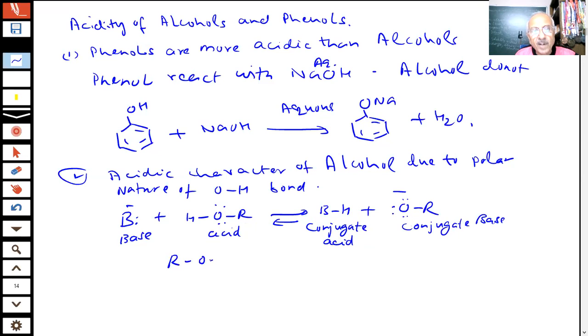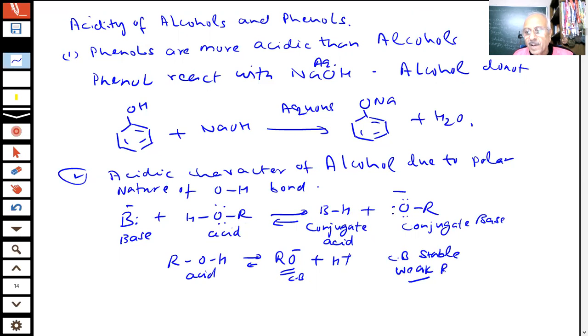All I am trying to say to you, student, is this: you are forming RO minus and H plus. This is my acid, and this is the conjugate base. If this conjugate base is stable, or if this conjugate base is a weak base, then the reaction will proceed forward.